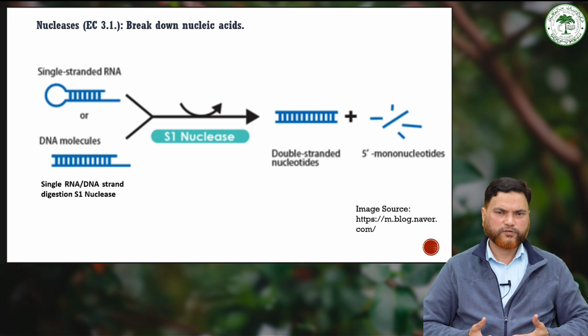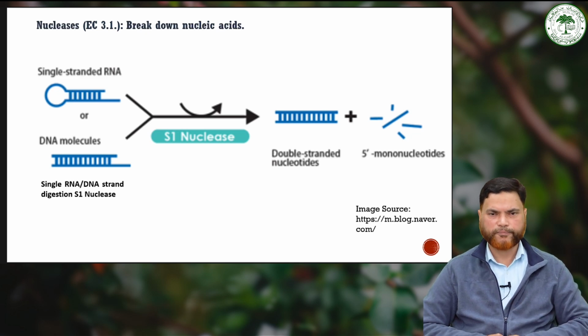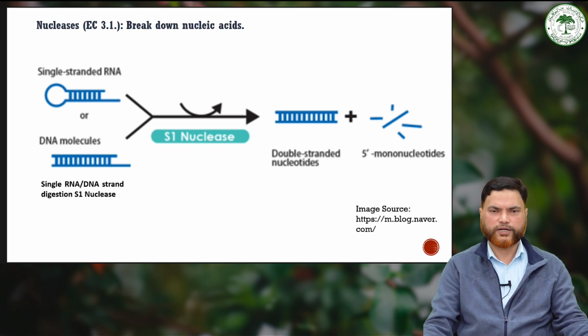One example of nuclease is S1 nuclease, mentioned here in the slide. This group is involved in a variety of biological processes, including DNA replication, recombination, repair of DNA, RNA maturation, processing, and various defense responses inside the cell.